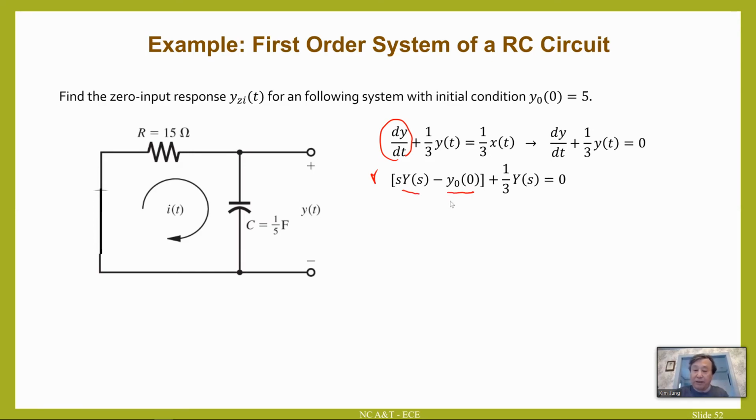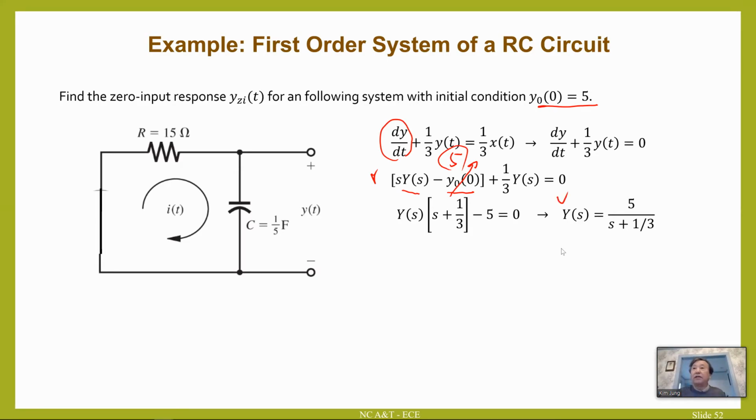We are given a 5 here, so you can plug in 5, and then we can find y of s. So y of s times s plus 1/3 equals 5, and y of s we found like this.